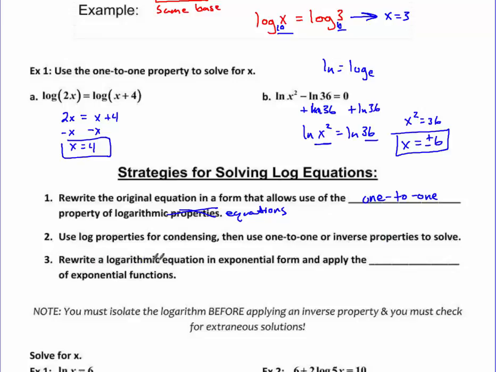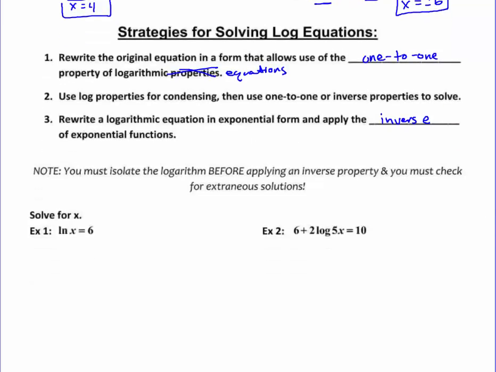And our third step is we rewrite a logarithmic equation into exponential form and apply the inverse of exponential functions. So take a look at what that looks like. So we have ln x equals 6, right? So the natural log of x equals 6.